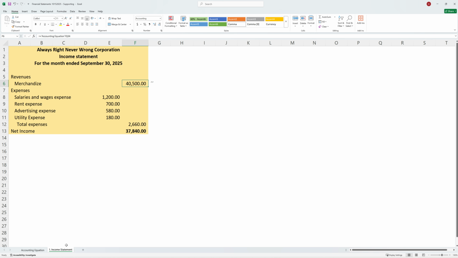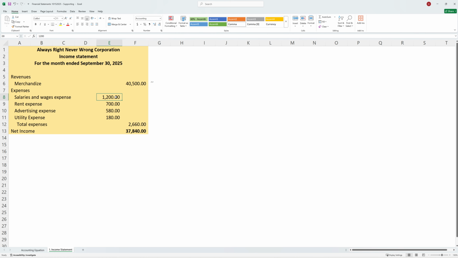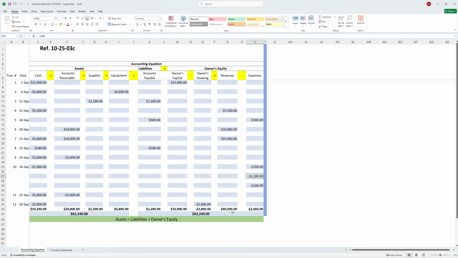Following that, we have another line item called expenses, and these are considered operating expenses. If you remember from the previous case study, one of our line items was salaries, and salaries and wages were $1,200. So this is what we got, $1,200. The rent expense was $700, so here we have $700.